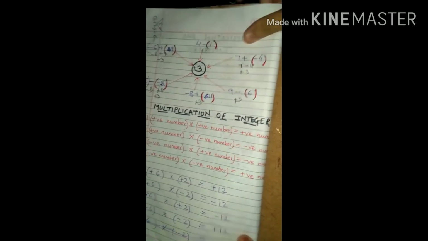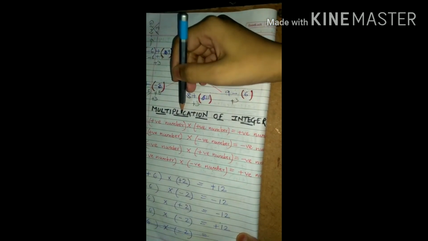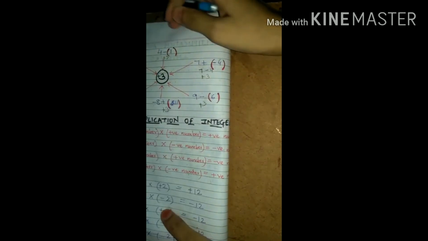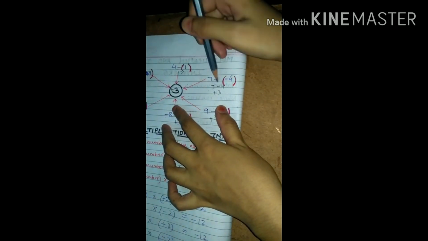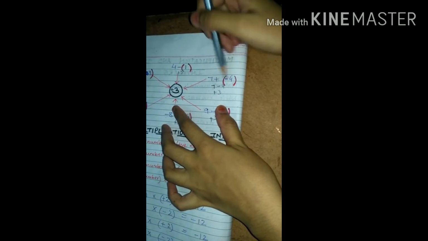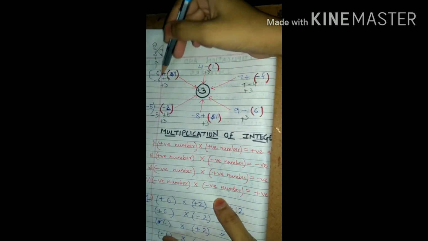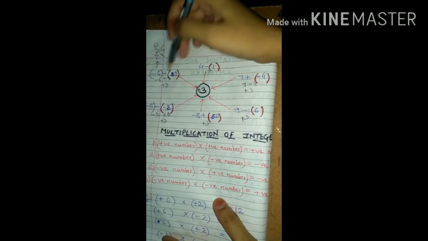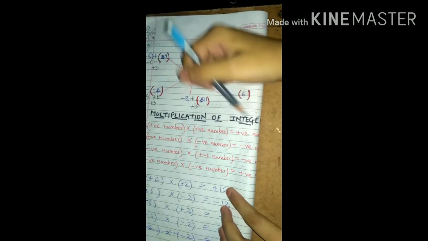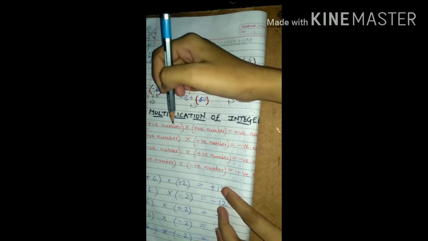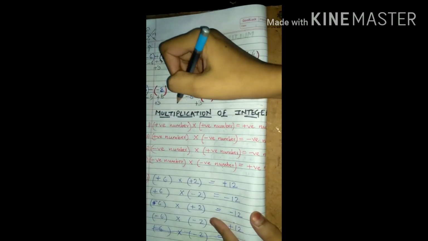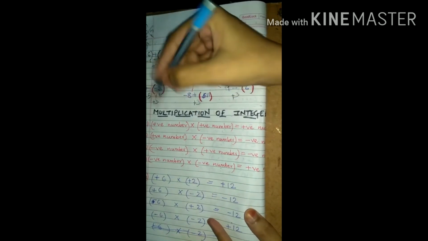Now if we have to multiply the integers, what are we doing here? See, the two numbers we were adding or subtracting. Here we will do multiplication of integers. Now you know that integers include positive as well as negative numbers along with 0.